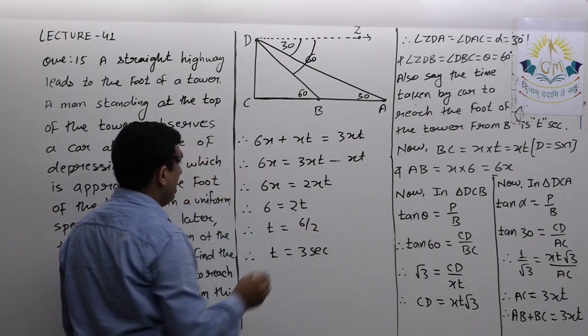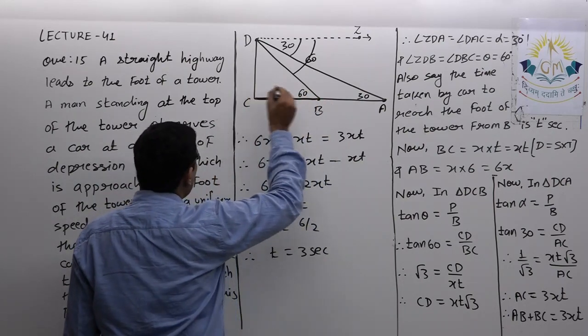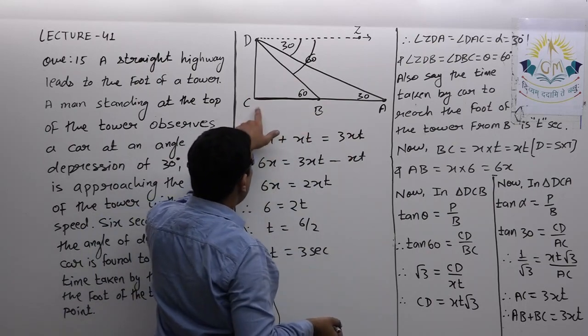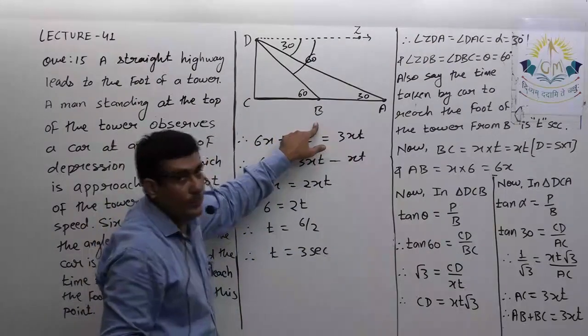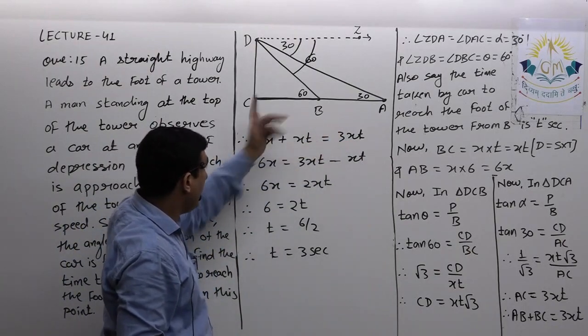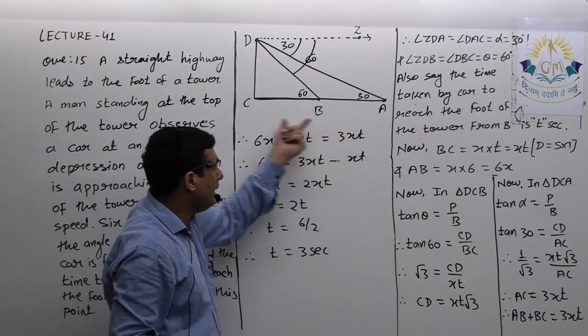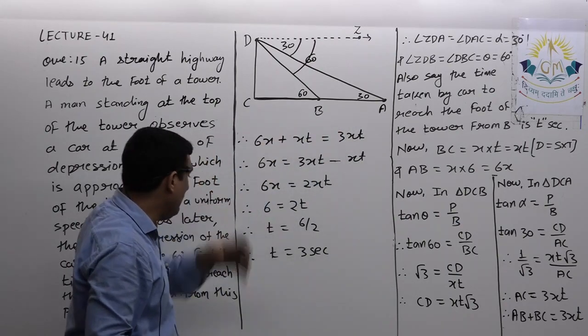That means the car takes 3 more seconds to reach the foot of the tower from point B. In the same question they may ask how much time in total the car will take to reach point C. Here it was 6 seconds and this 3 seconds, so in that case the answer will be 9 seconds.